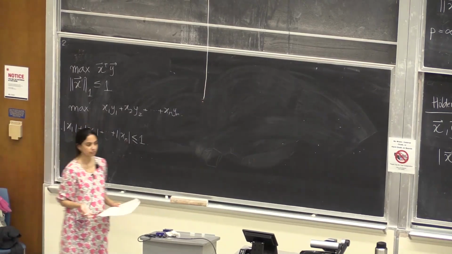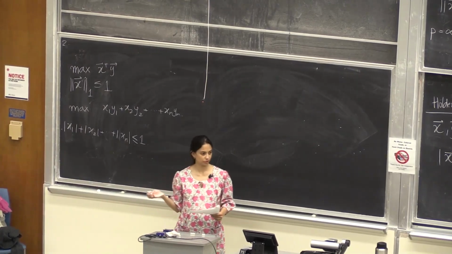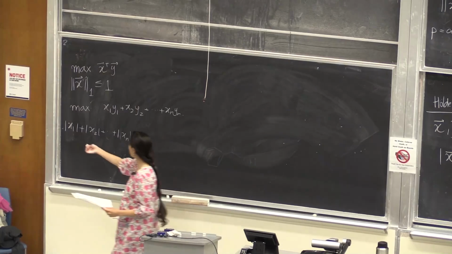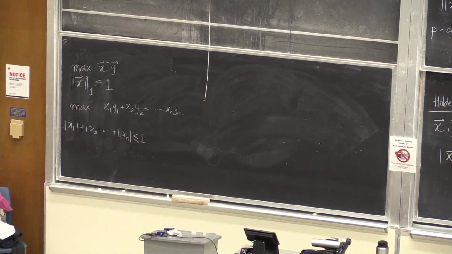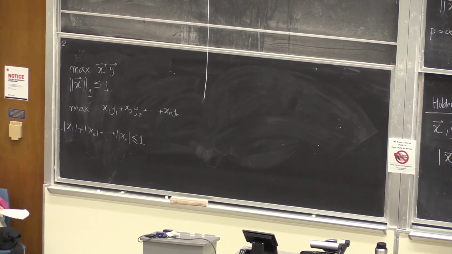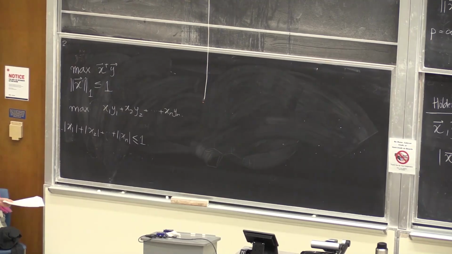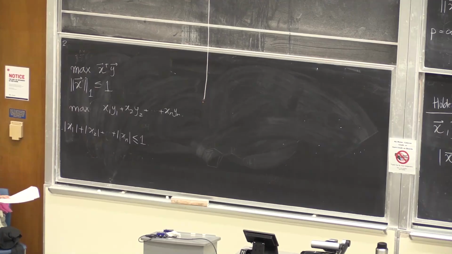The other thing I was thinking was, what if I just tried a couple of things, right? I know that I want the sum of all of these to be less than or equal to 1. So what might be a natural-ish choice if I was super, super lazy? And a lot of engineering is about how one can be lazy.